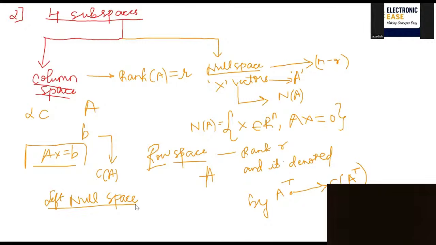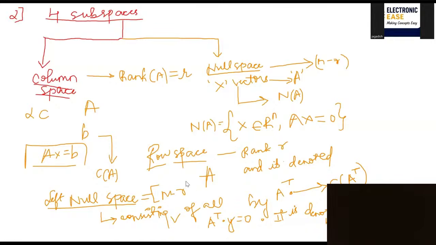It consists of all the vectors y such that A transpose y is equal to 0, and it is denoted by N of A transpose, and its rank is M minus R.